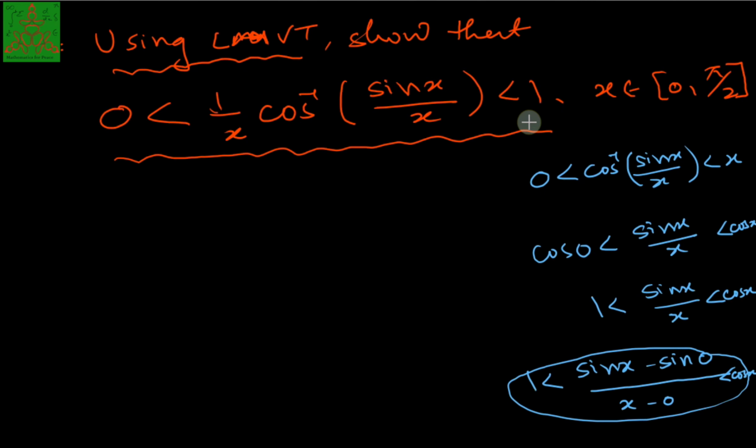So to prove or establish this inequality, you have to start by defining some function, and on that function you have to apply LMVT. From this I can say it is a sine function, because sin x minus sin 0 is there, in the interval 0 to x, where x is between 0 to pi by 2.